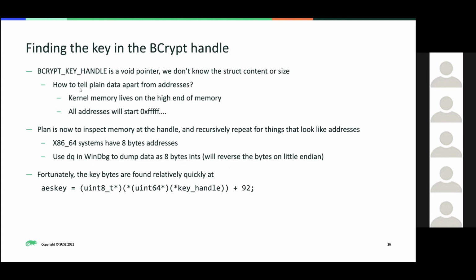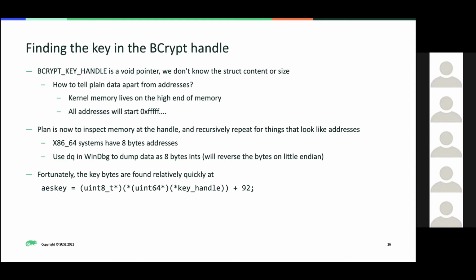If you dump some random address, you will get a big hex dump. You don't know how large the handle will be, so you might be looking at stuff which is not part of it, or what is inside it. The data inside will either be plain data, which can be counts or enums or whatever, or it can be addresses.